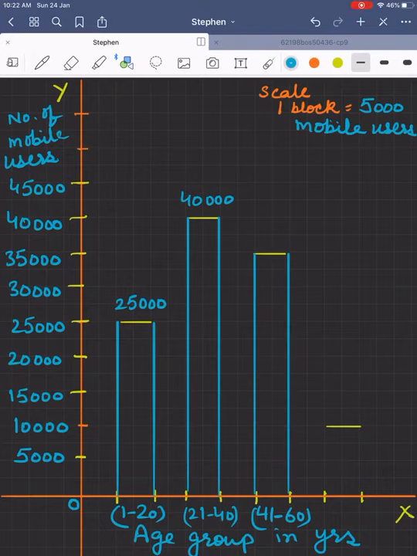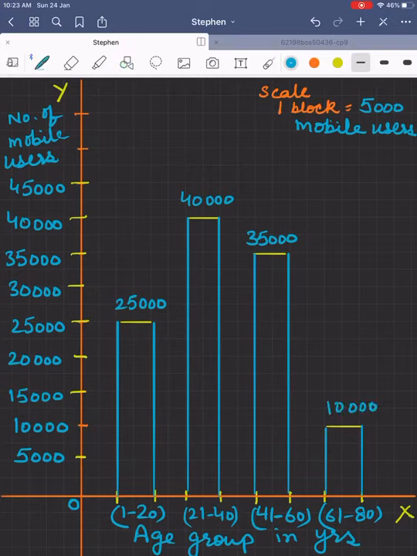So we write here 35,000. Again we leave equal gap, and now in the age group of 61 to 80 years, we draw rectangle up to height of 10,000, as the number of mobile users are 10,000 in this group.